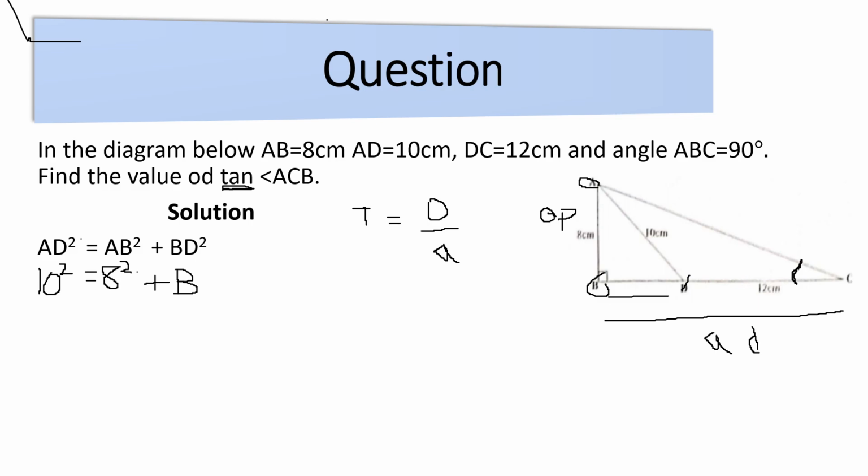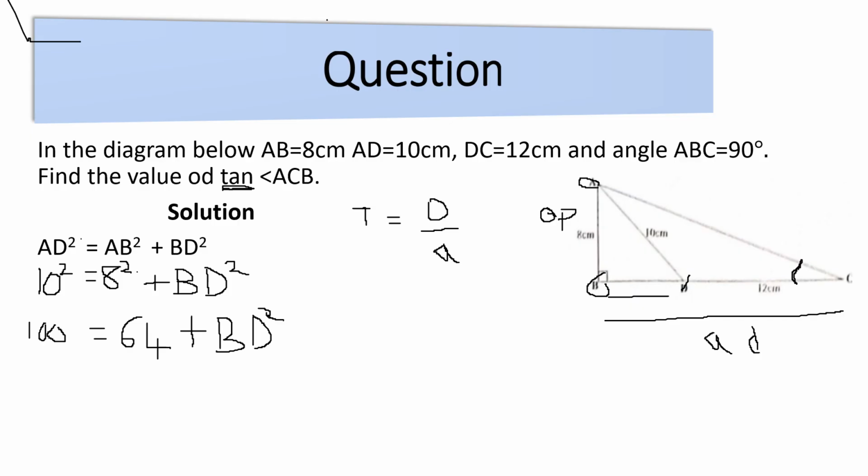So 10 squared is 100, equal to 8 squared, which is 64, plus BD squared.